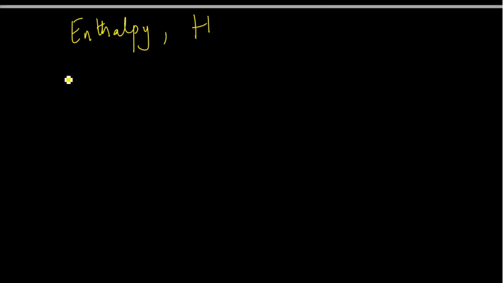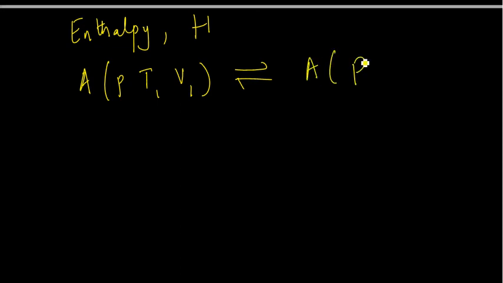So let's say there is some process, let's say we have a gas A at pressure P, temperature 1, volume 1, and at constant pressure there is a change. Since we are talking of enthalpy, it stays at pressure P, temperature 2, volume 2. That's a reversible constant pressure process, right?